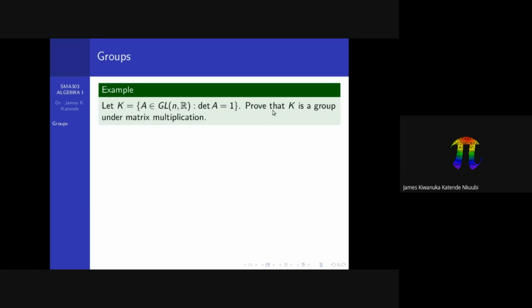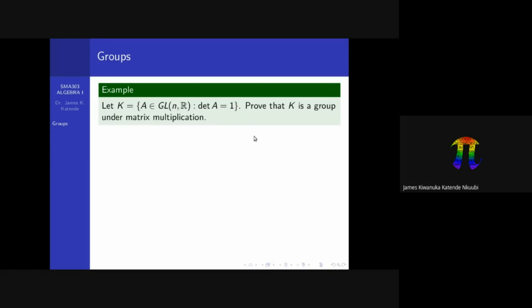So the task here is to check that K is a group under matrix multiplication. So we need to go through all the 4 properties. Now, again, remember, this must be very clear in your mind. The elements that we are working with are just the matrices whose determinant is 1.